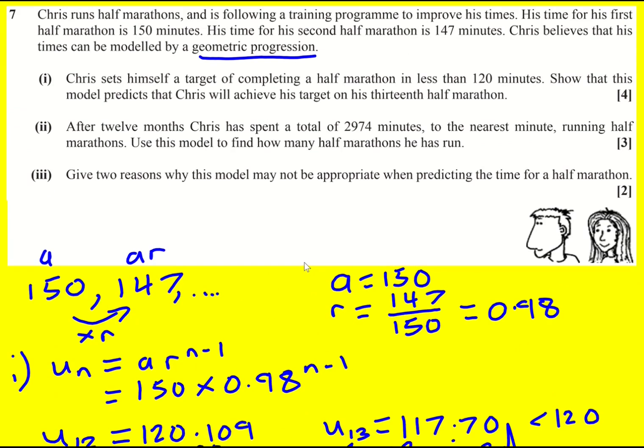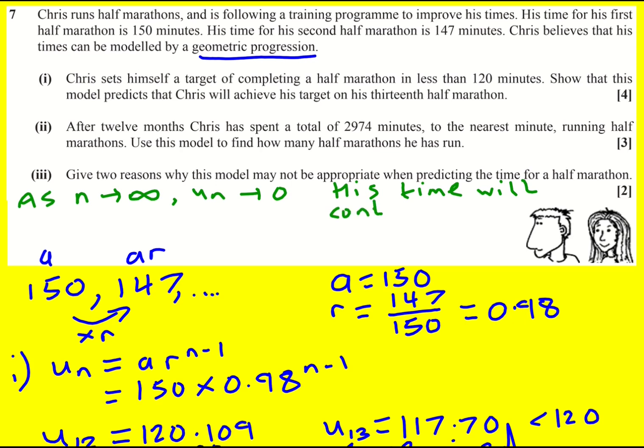In the last part, it says give 2 reasons why this model may not be appropriate when predicting the time for a half marathon. Well, first of all, as n approaches infinity, i.e., as we have more and more half marathons, un is going to approach 0. So in other words, Chris's time will continue to improve.